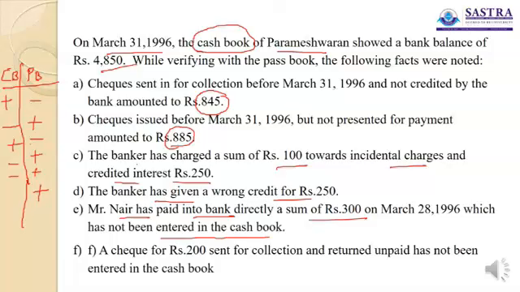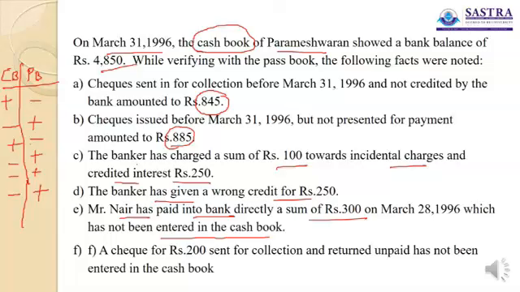The same has not yet been brought into the notice of the trader, so that such a kind of receipt, which would not have been entered in the cash book's bank column, keeps the cash book balance lesser.